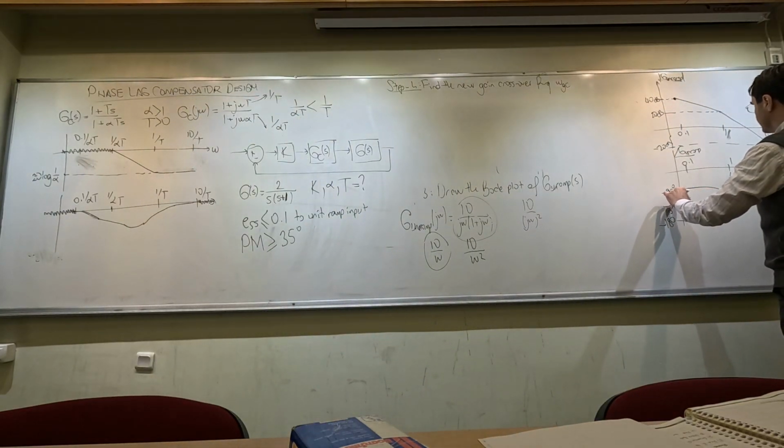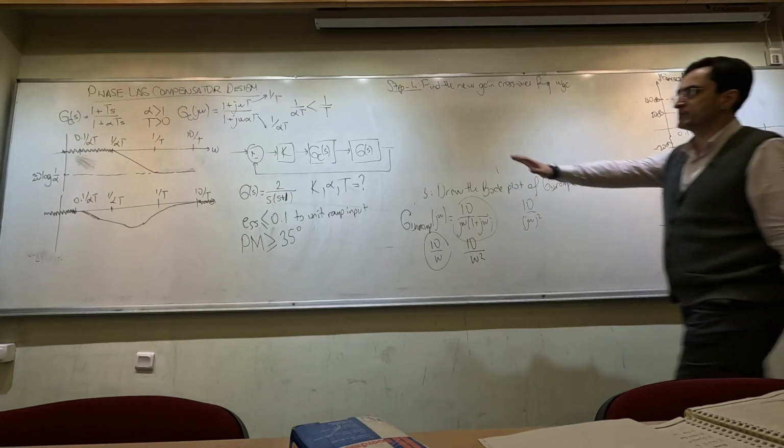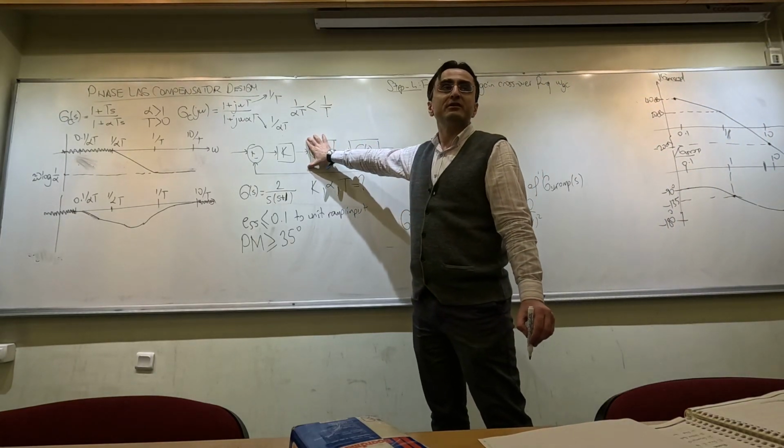I have minus 135 here. So currently the phase margin is looking like this. So I have a small phase margin, and currently it's not going to be sufficient for us. Okay? So in the last lecture we have calculated that this distance was 17 degrees. So currently the phase margin of the closed loop without the compensator is 17 degrees.